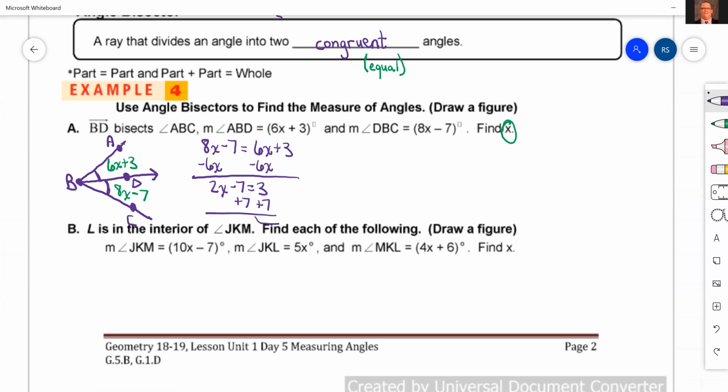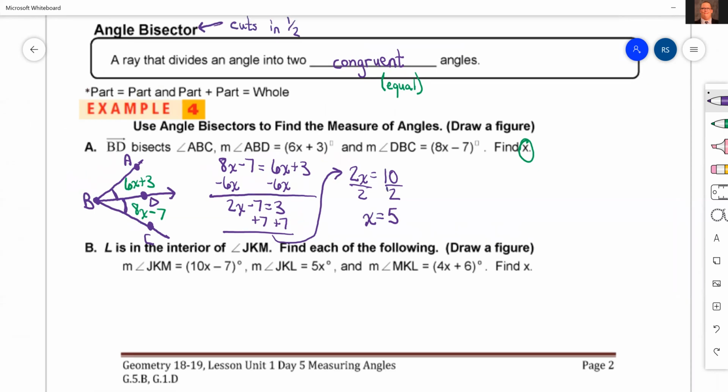I'm out of room, so I'm going to continue up here. It's going to give us 2x equals 10. Divide by 2, and you get x equals 5. Now check, what did they ask you to find? They ask you to find x, so we're done.